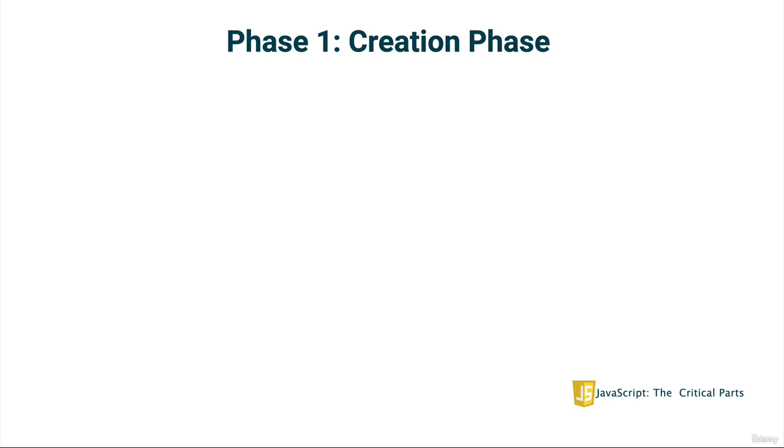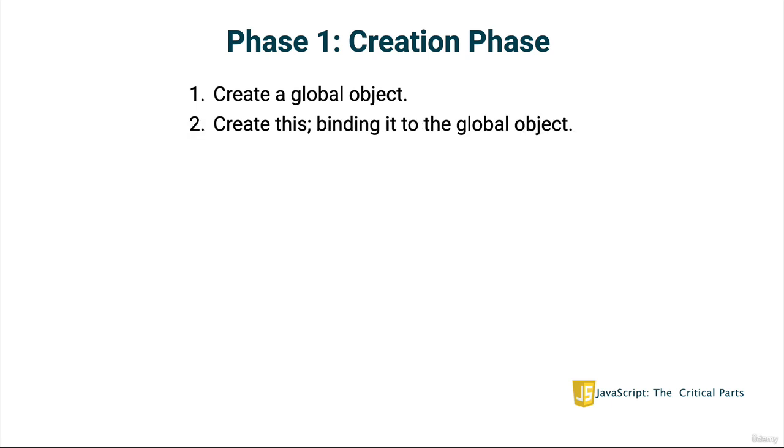We've already seen a couple of things that happen in the creation phase. A global object is created, and in the browser, that's a window. In Node, that was global. So we saw that happen during the creation phase. And then also, this is created, and it's bound to the global object. So both of those things are set up.